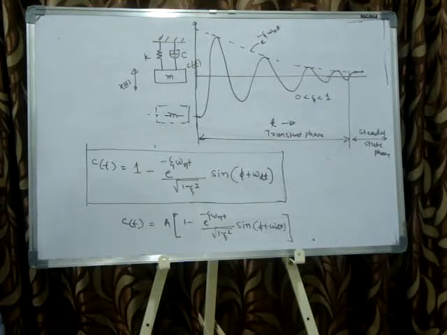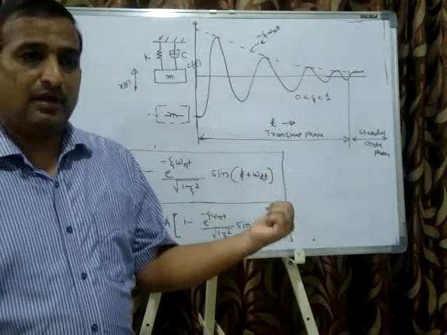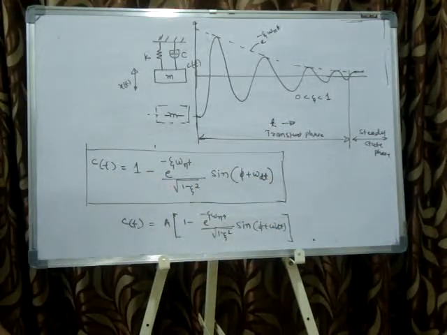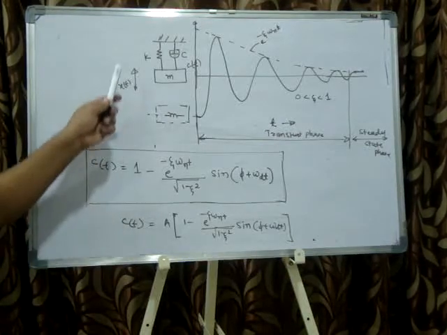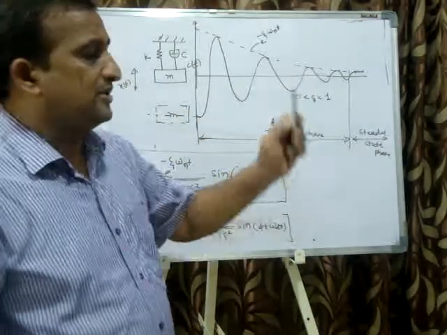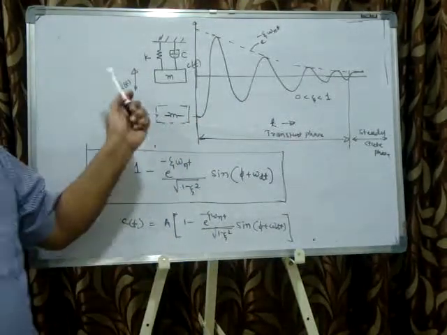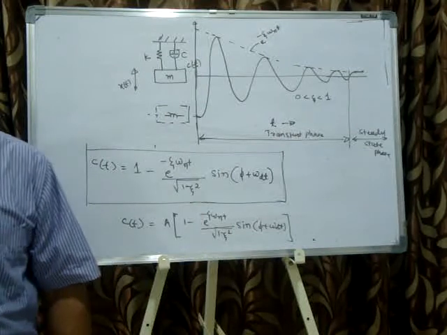A is a step with some magnitude. Here, for a unit step, A is equal to 1. 90% of our systems are under damped.